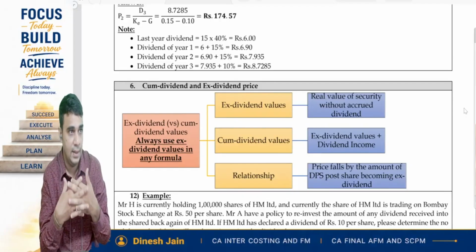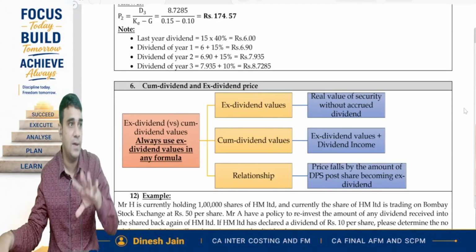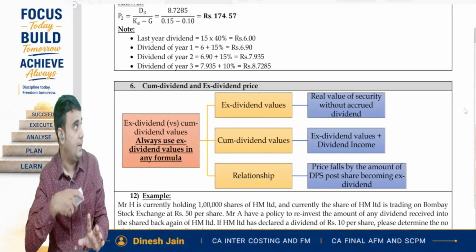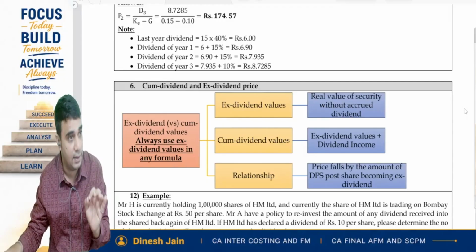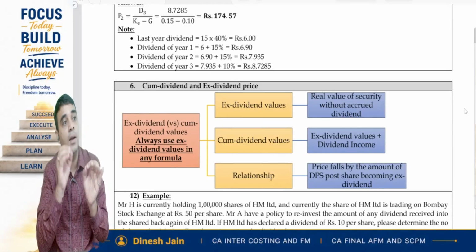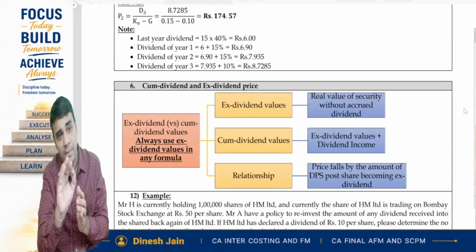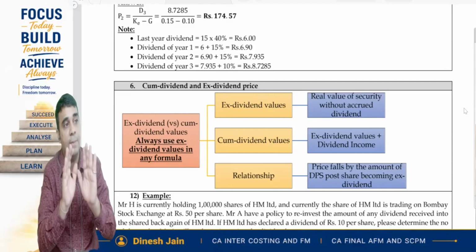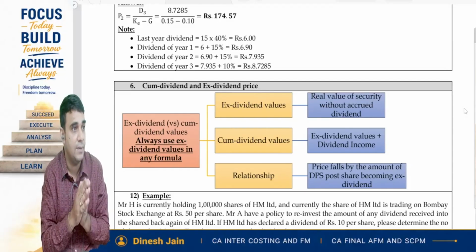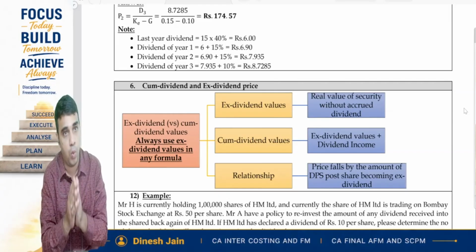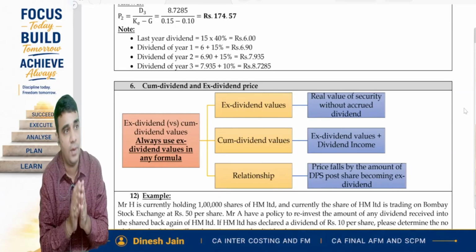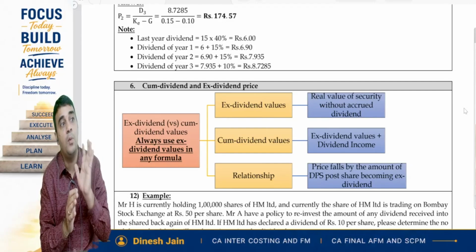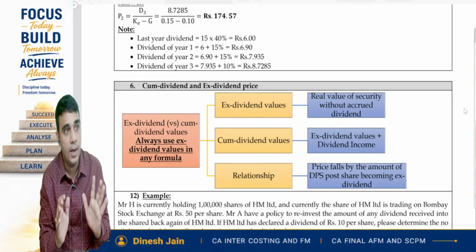I'll get the rental income as well as the property. So if I buy on December 31, I will pay 1 crore 1 lakh. If I buy it on January 1, I may pay only 1 crore.